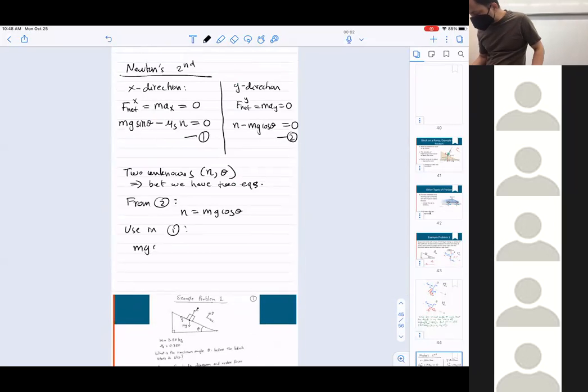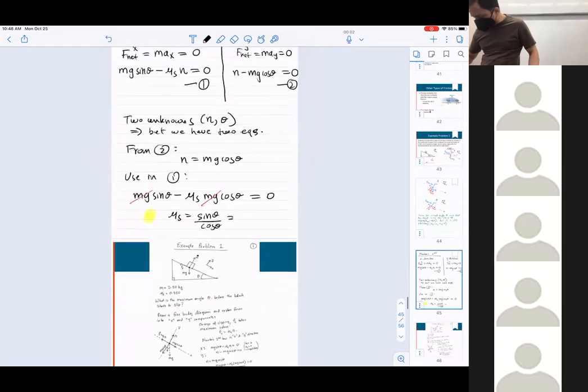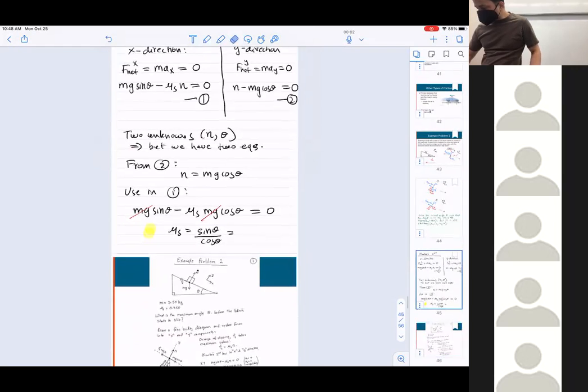So I get here mg sine theta minus mu s times the normal force, which is mg cosine theta, which has to equal 0. And therefore, I can divide out the mg on both sides. And I end up with mu s equal to sine of theta divided by cosine of theta, which is equal to tangent of theta.